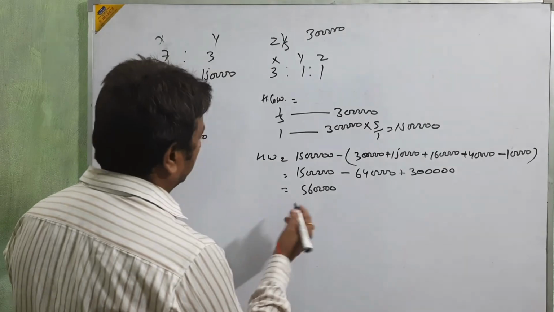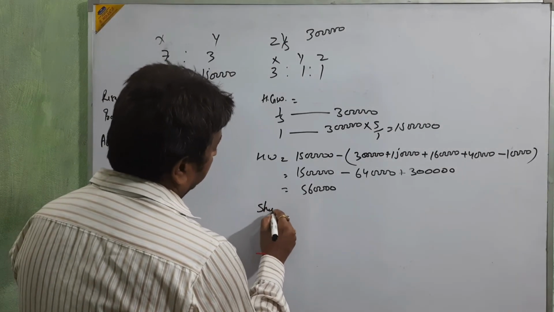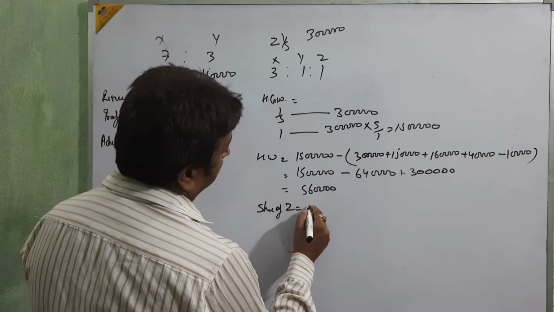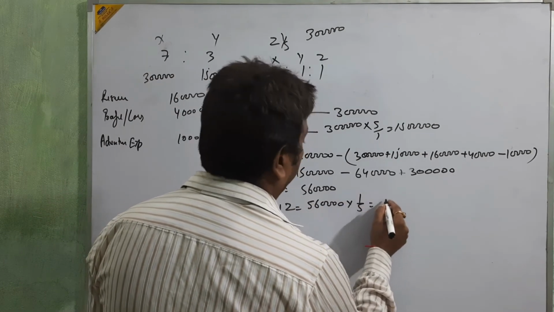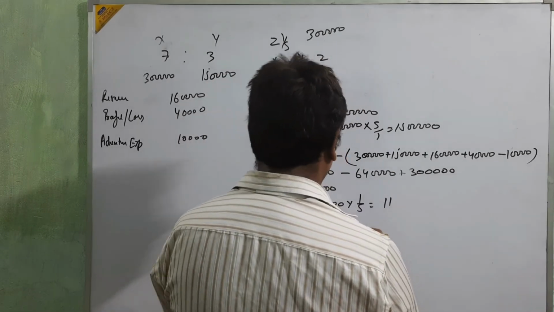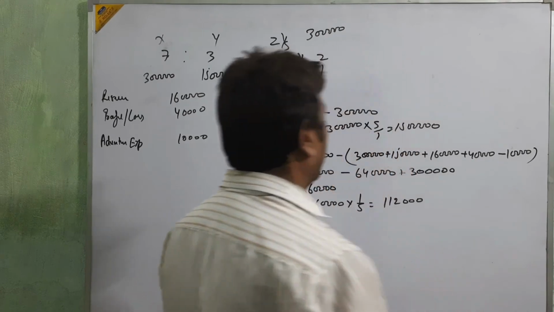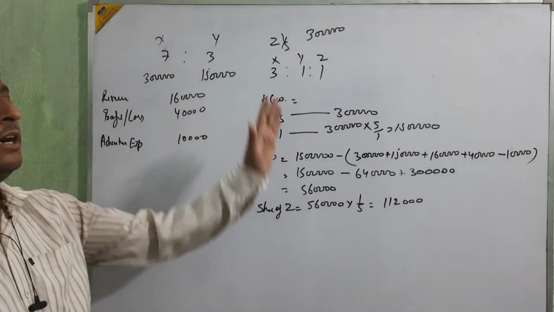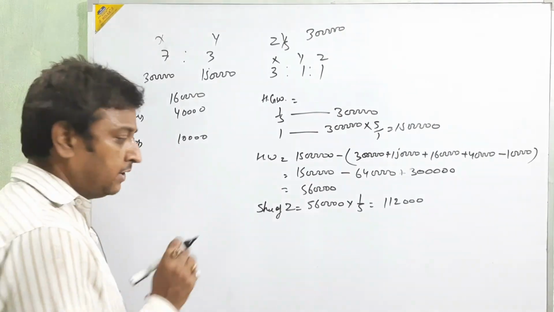Now we calculate the share of Z. 5,60,000 into 1/5 is 1,12,000 rupees, the share of Z.